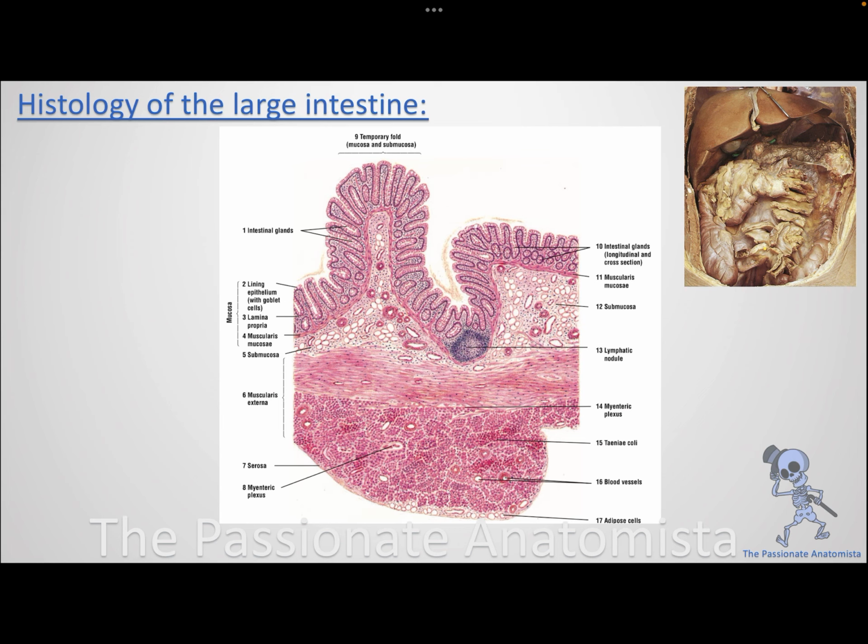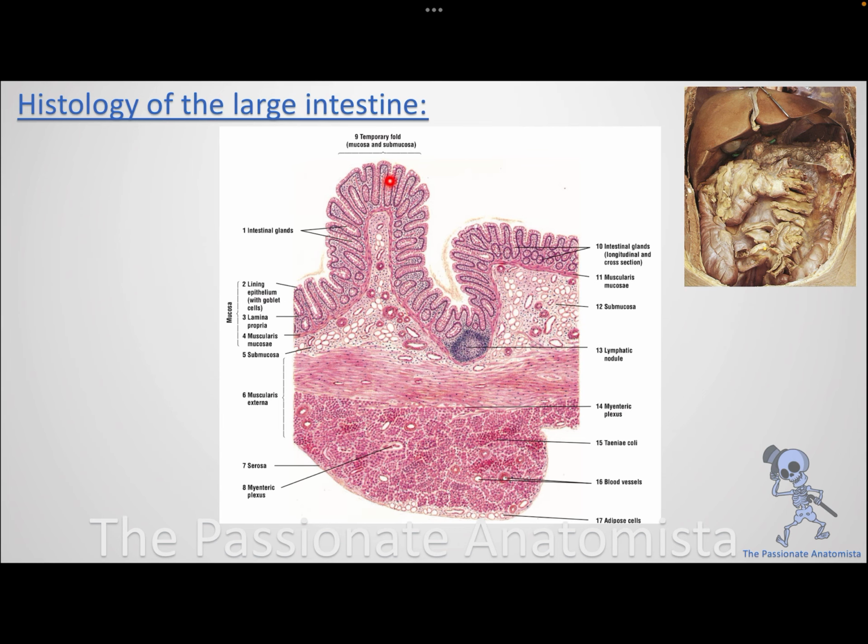Okay, so now you have an idea about the GIT starting from the stomach. You know that we have submucosal folds and mucosal folds, and if my mucosal folds form the shape of villi, it means I am in the small intestine. If the mucosal folds are not in the form of villi, that could be a stomach, and it could be large intestine if they have a lot of goblet cells.